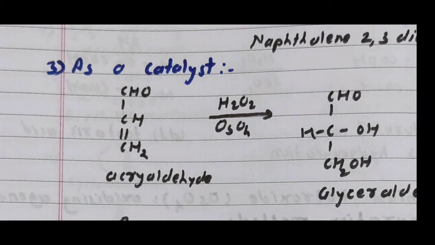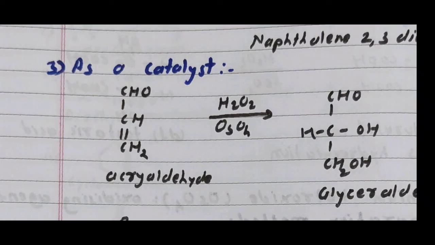For example, in presence of H2SO4, osmic acid catalyzes oxidation of acrylaldehyde. Here hydrogen peroxide is the reagent. The octavalent oxidation state of osmium is regenerated and allows the oxidation to continue. Thus very little osmic acid is sufficient to continuously oxidize acrylaldehyde.